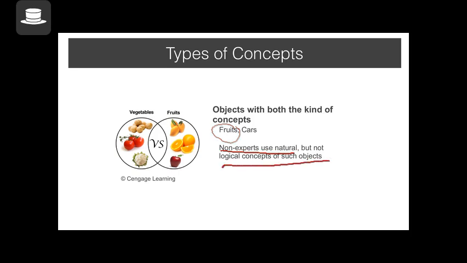So if you ask a biologist or a botanist what a cauliflower is, he's more likely to say that it is an inflorescence. But if you ask a commoner, a non-expert, he would say it's a vegetable. So some objects have both these representations, and we use them in different ways depending on our expertise or background knowledge.